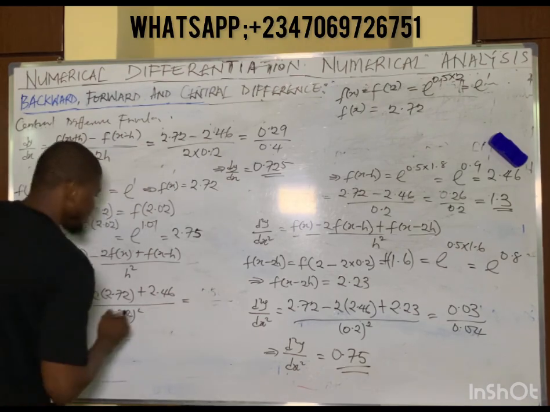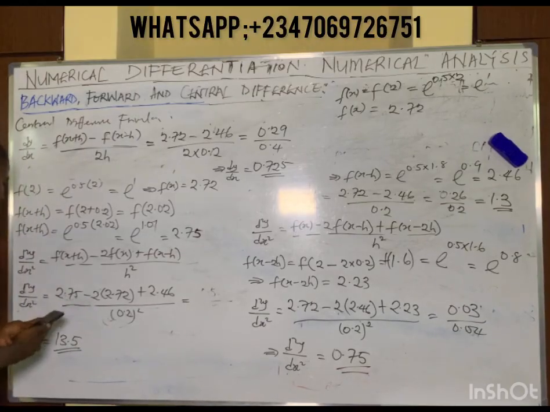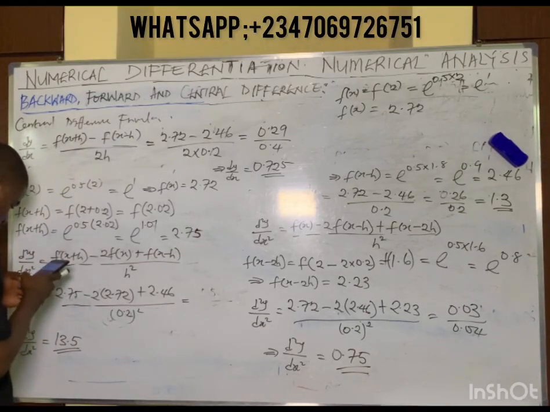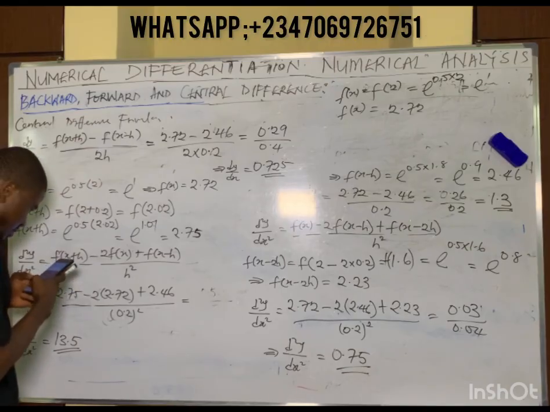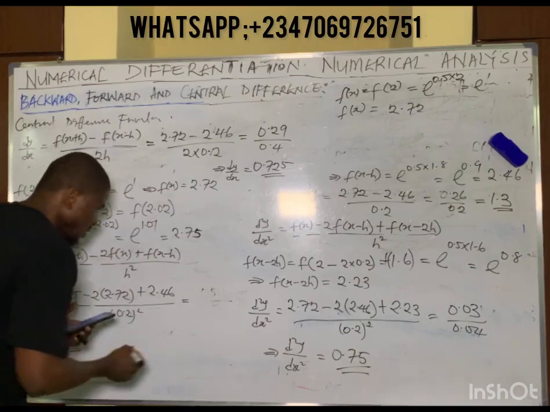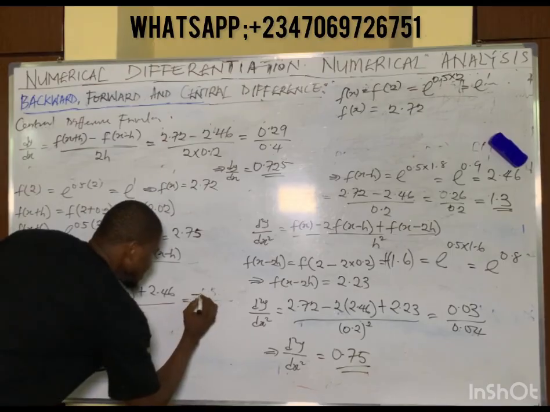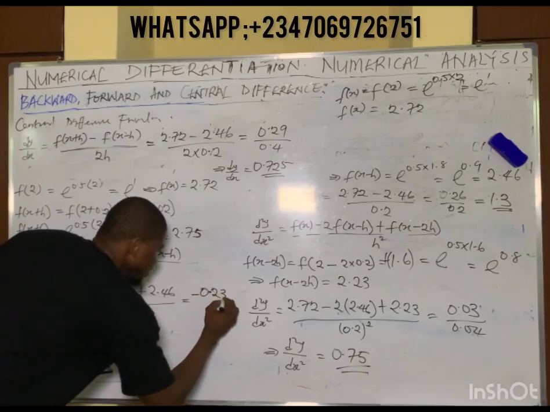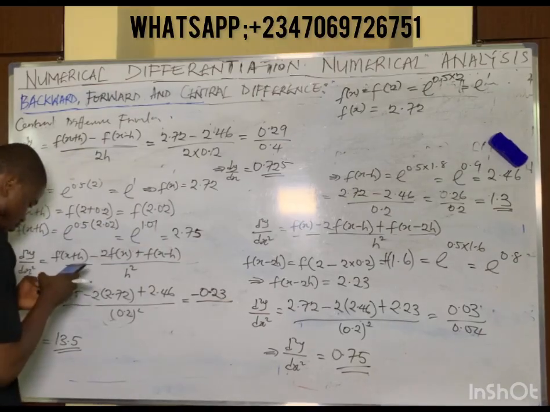So I'll punch everything at the numerator all at once. I have 2.75 minus 2 multiplied by 2.72 plus 2.46. That simply gives us negative 0.23. So we have negative 0.23 divided by 0.2 squared.